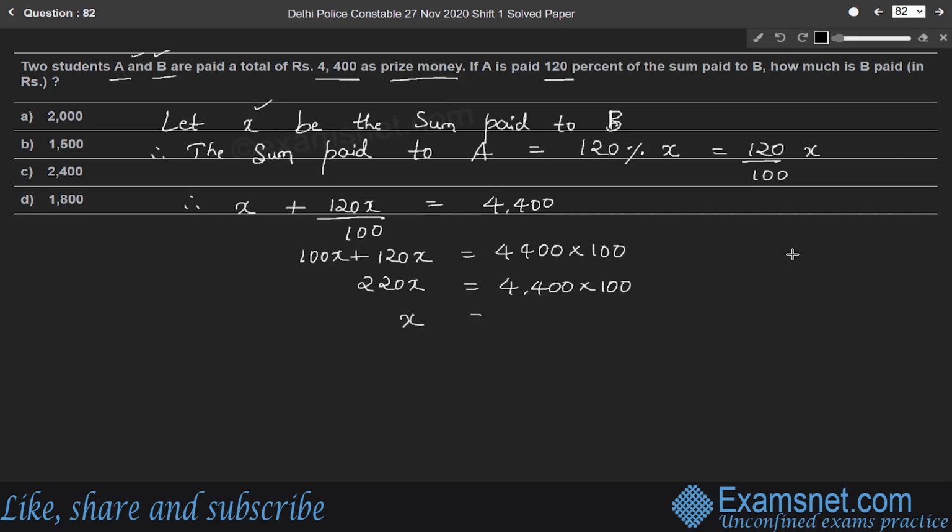So therefore, X is equal to 4,400 into 100 by 220. So 20 into 100 is 2,000, right? X is the sum paid to B. Therefore, B is paid 2,000 rupees. Therefore, option A is the right answer.